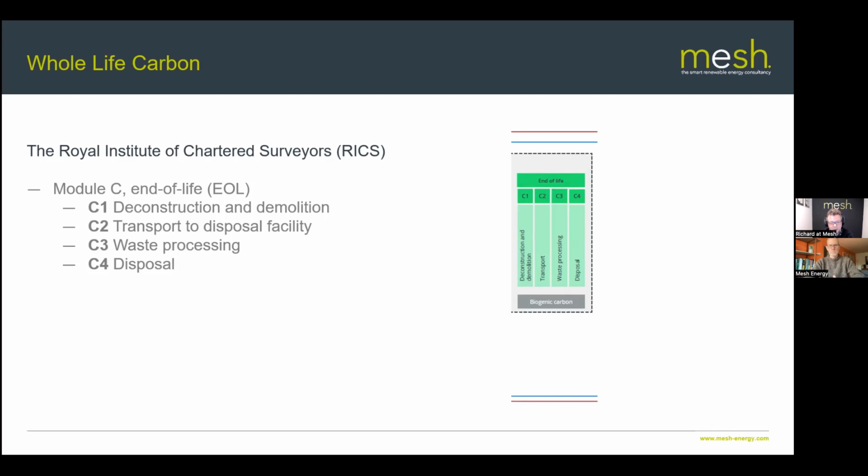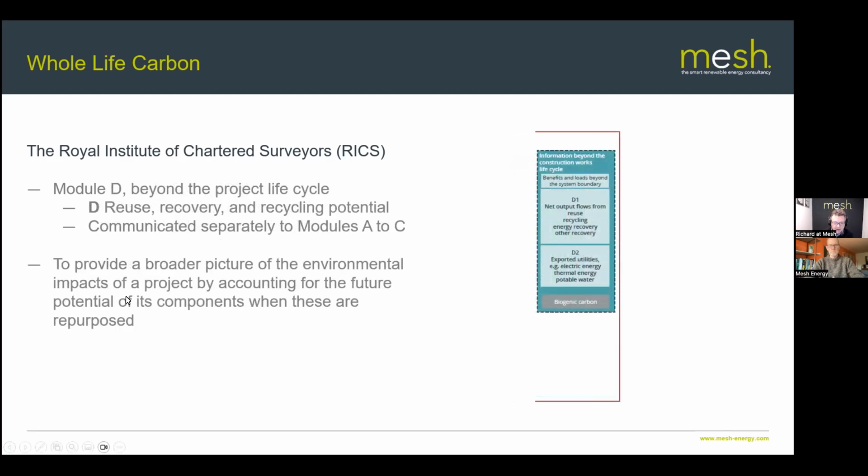So the more design for adaptability and deconstruction there is, the more benefit there is at stage D. And this is all about the potential for reuse, recovery, and recycling of materials, or downcycling of materials. And it's communicated separately from module A and C because it's outside the life cycle of the building.